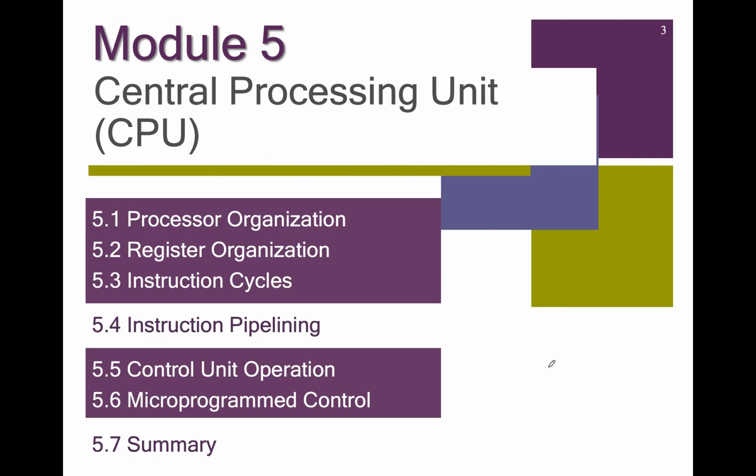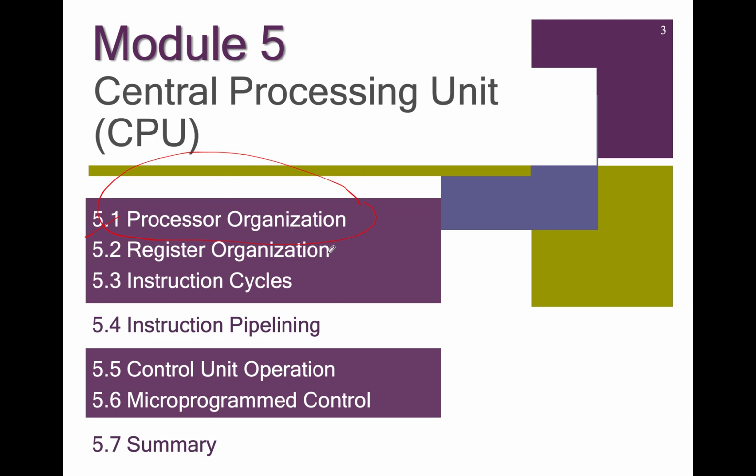Now we're going to look into what subtopics are inside our module 5. The first subtopic is 5.1, processor organization. So in this video we're going to cover 5.1 only. If you are looking for 5.2, 5.3 or 5.4, it is not going to be covered in this video, and maybe you can look into a different video.